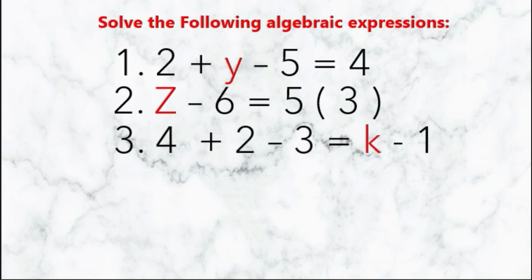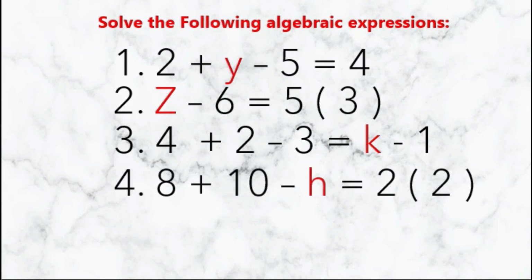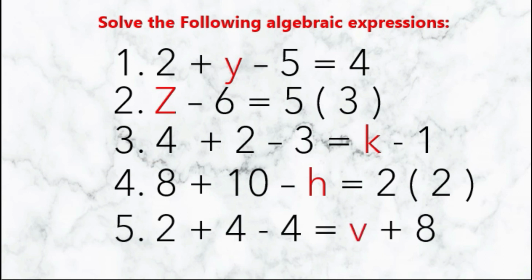Number 3. 4 plus 2 minus 3 equal to k minus 1. Number 4. 8 plus 10 minus h equal to 2 times 2. Number 5. 2 plus 4 minus 4 equal to v plus 8.